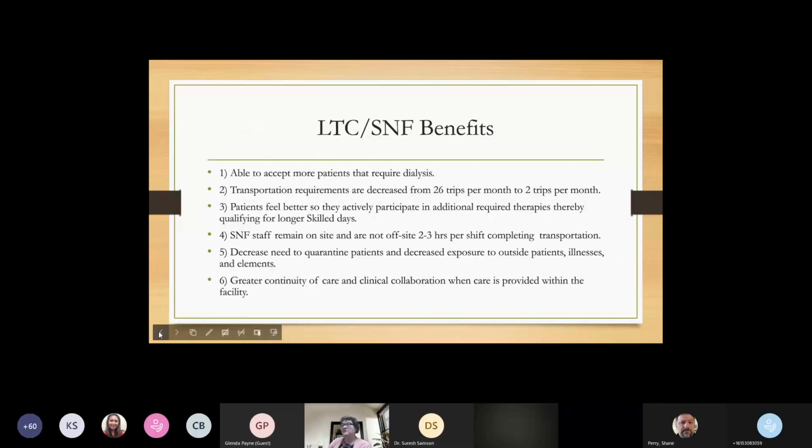Long-term care, the benefits to the long-term care skilled nursing facility: they are able to accept more patients that require dialysis. In all of my conversations with skilled nursing facilities or long-term care facilities, they've always shared that they limit the number of patients that they can take that require dialysis because of the additional staffing requirements to get them up and around and get them transported outside of the facility, the additional responsibilities that it takes, and so they just don't have the staff for that.